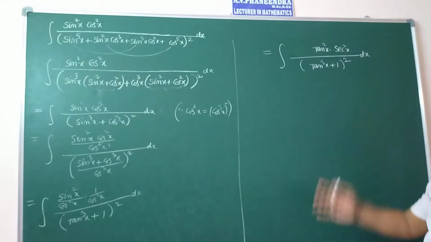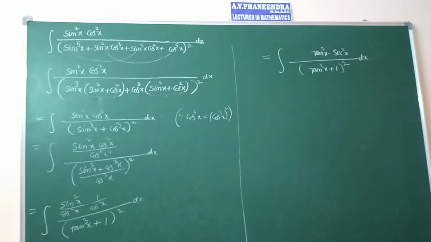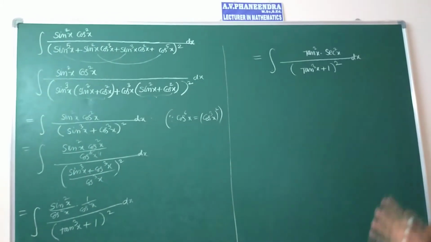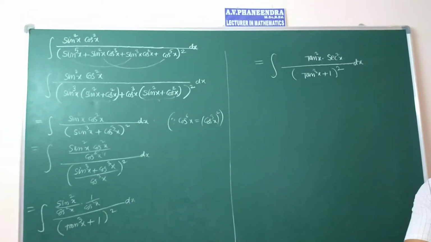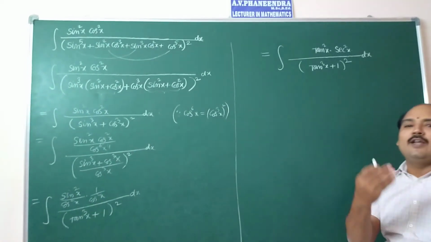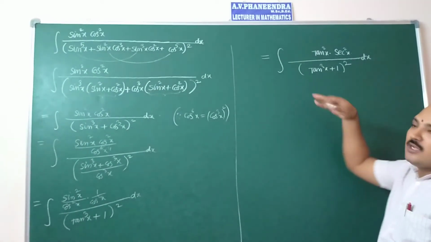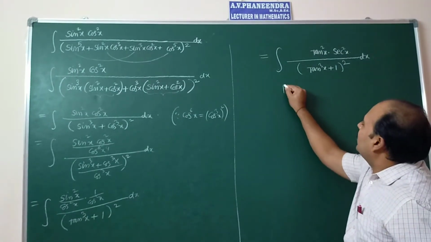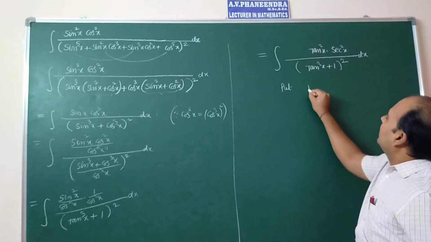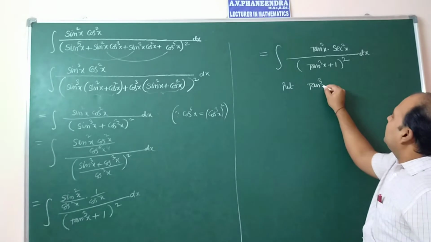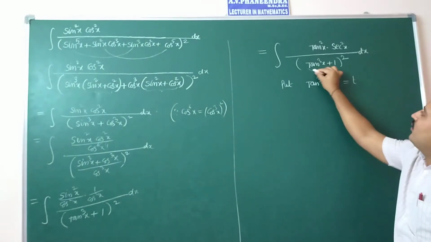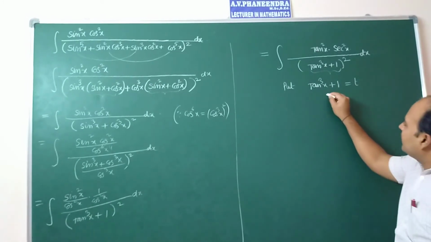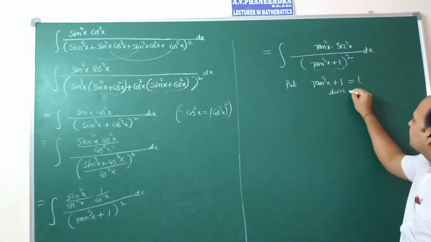After reaching this step, whenever tan and secant square x are there in the terms of an indefinite integral, we always assume tan terms as t. That means put tan cube x plus 1 equal to t. This value we are assuming as t. Differentiate with respect to x.